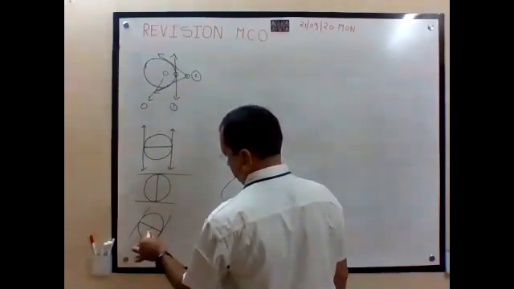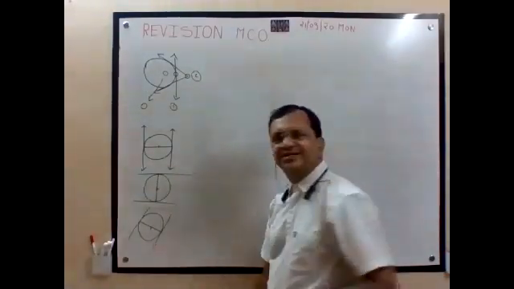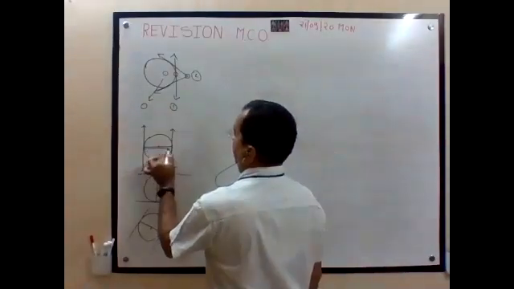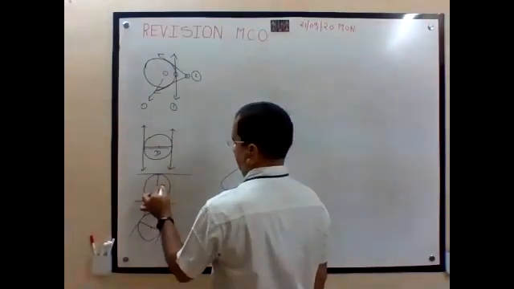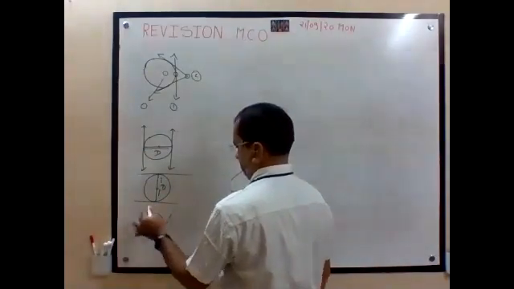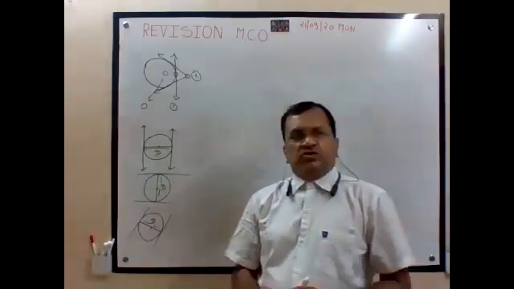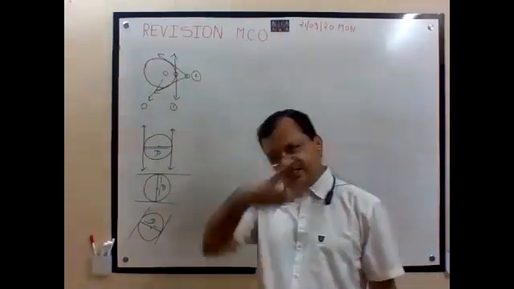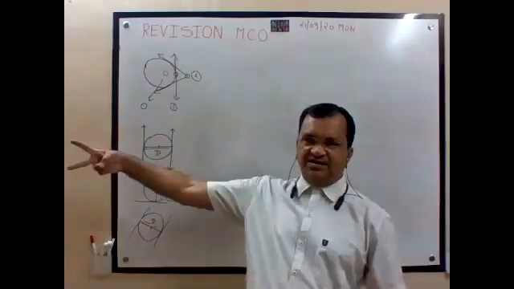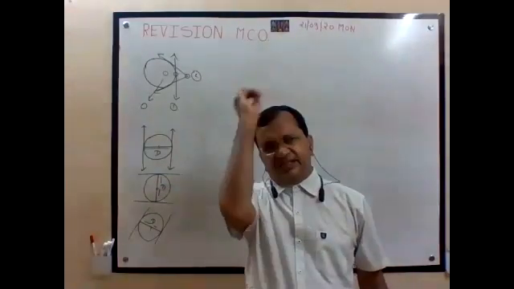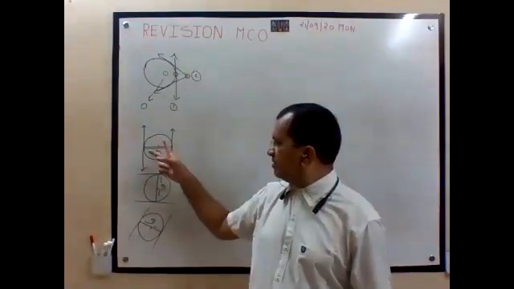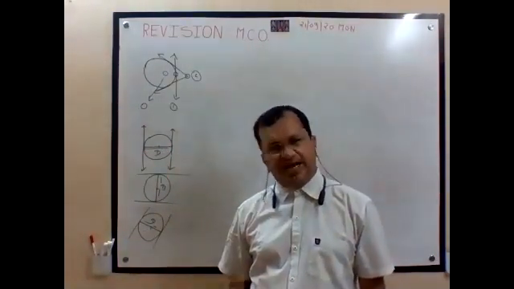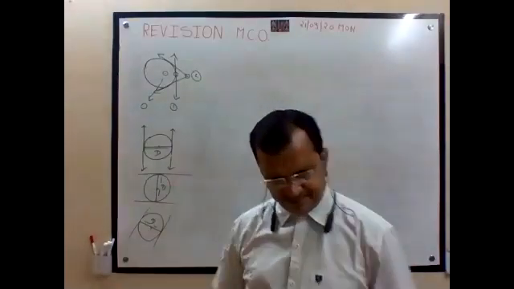And always it will pass through the center. Why? Because of the tangent-radius perpendicular theorem. So radius plus radius, diameter. So whenever two tangents of a circle are parallel, the distance between the two parallel lines is exactly the diameter. Double the radius, you can say. Diameter or two radii.